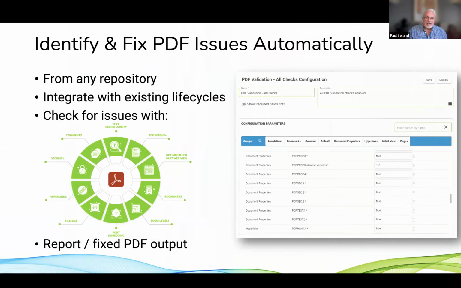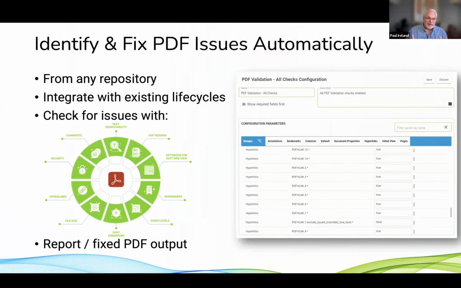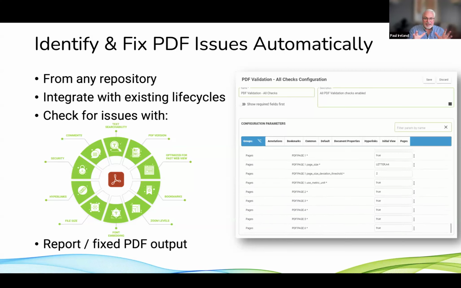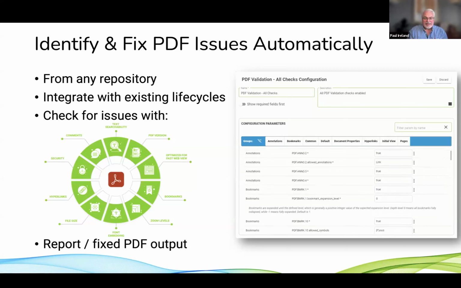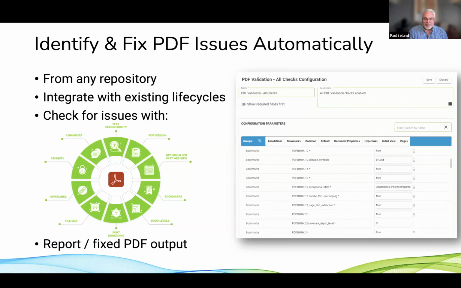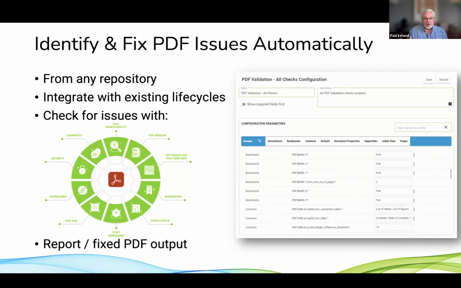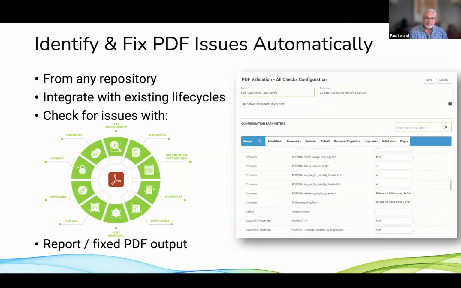Do you have any issues with hyperlinks or bookmarks and the technical elements of the font embedding and the PDF version and the optimization, etc.? Checking that all those things are included, but doing it systematically, automatically in the background rather than manually through an interactive tool. And then generating a report that shows you what the issues are or potentially fixing it, which I'll show you shortly in the demo.